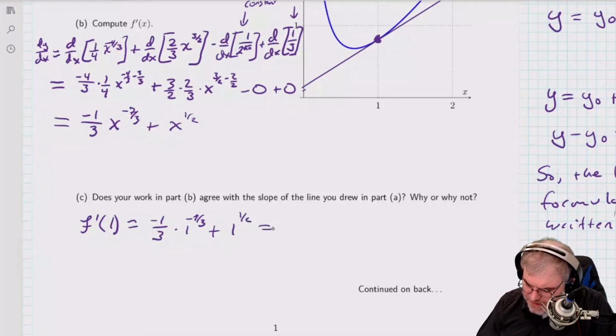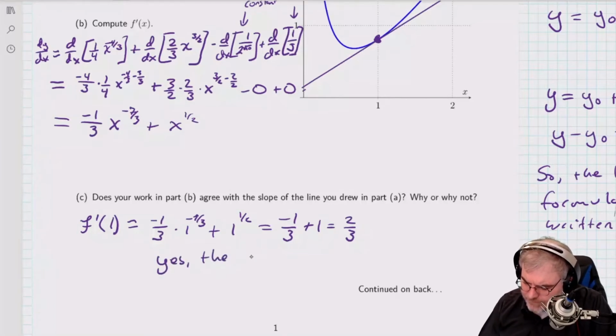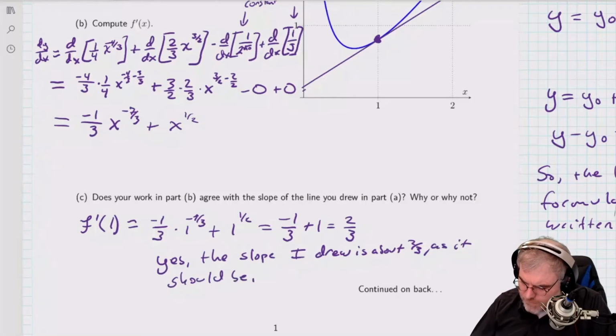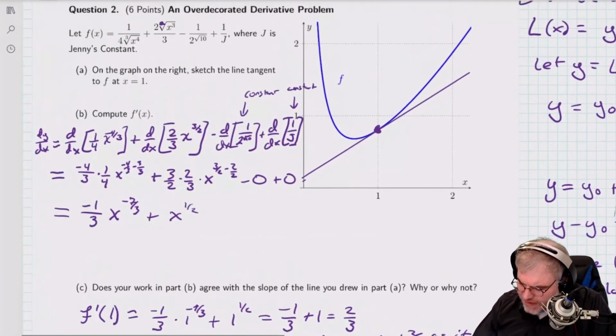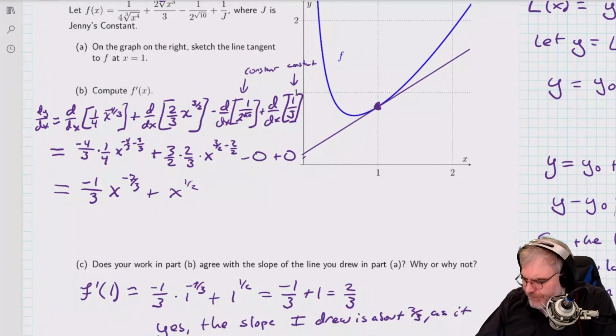That equals -1/3 plus 1, which equals 2/3. So, yes. All right, because if I look over here, that's basically what I want to do.